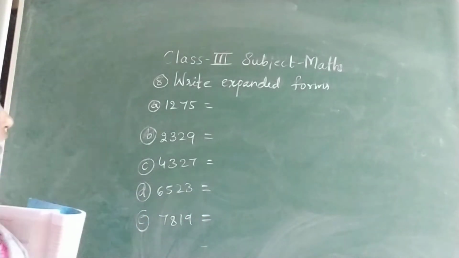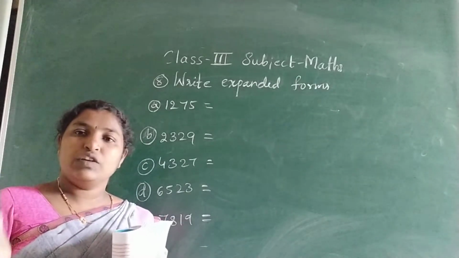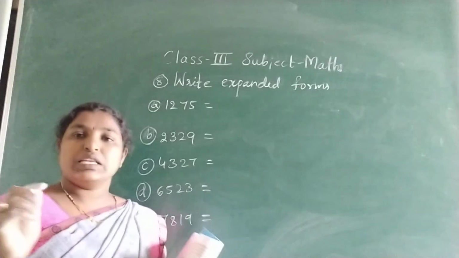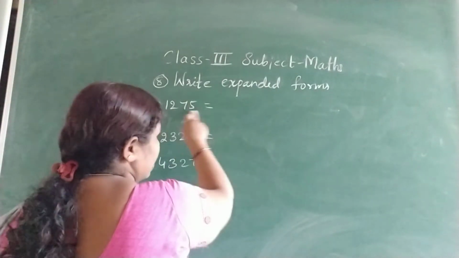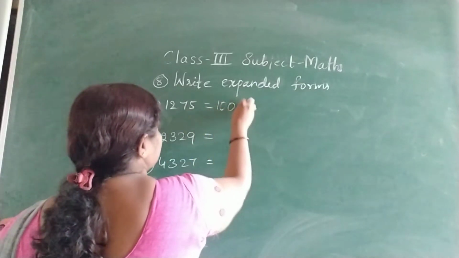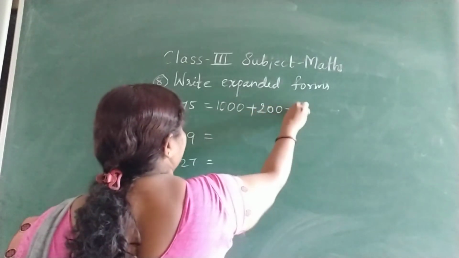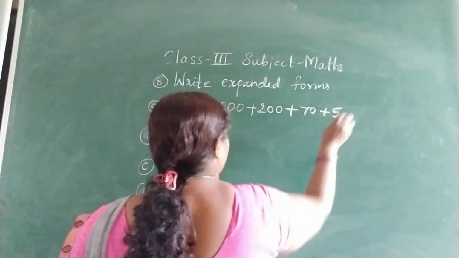Okay, in this expanded form we should write the place values only. We should bind these with the plus sign. So write from the higher places. This is 1000 plus 2 into 100, 200, plus 70 plus 5.